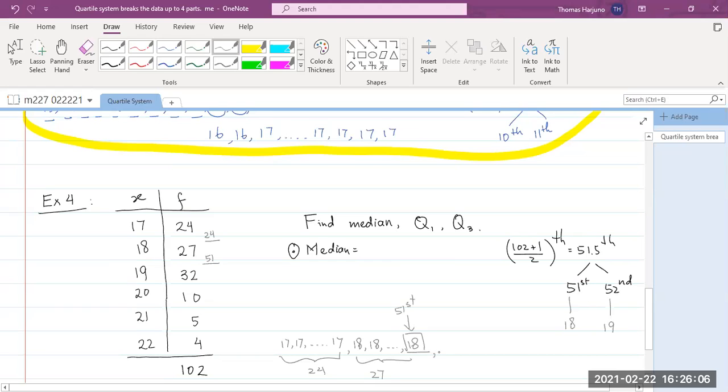Okay, and then the next 32 are 19s. There are 32 of them. So 51st is 18, 52nd is 19. So the median will be 18 plus 19 over 2, that's 18.5.